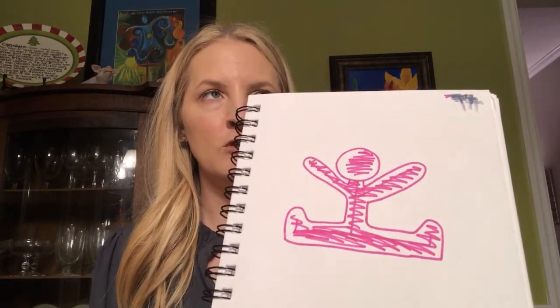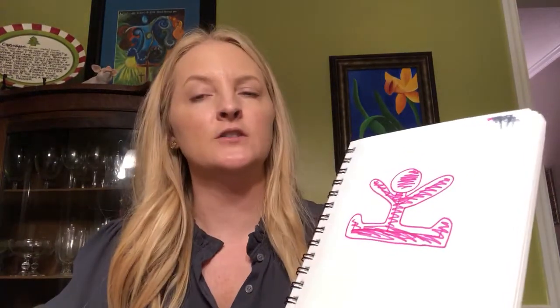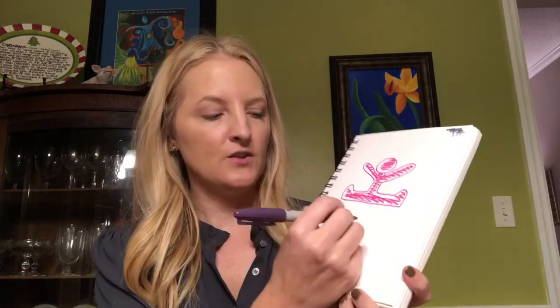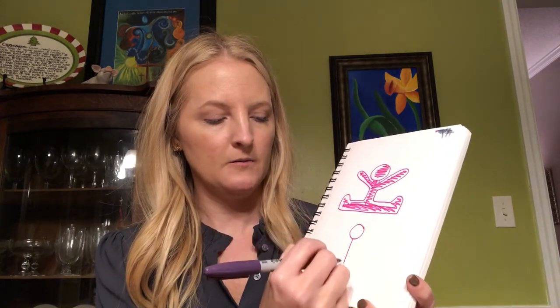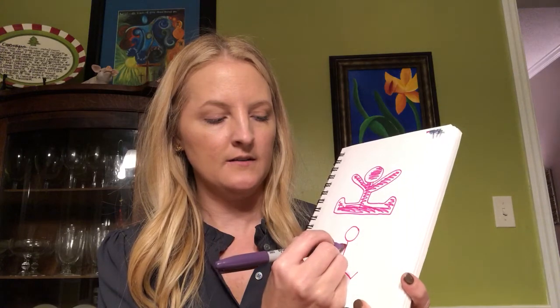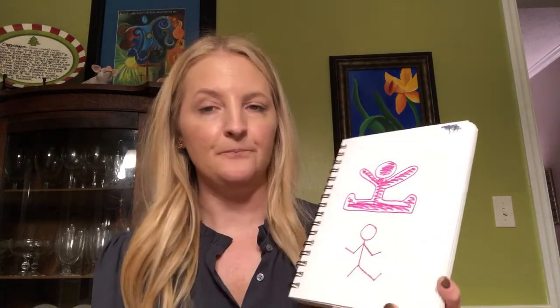So you can get creative with what you want your person to do. Your person could be running, dancing, jumping rope. Think about things that you like if you're a soccer player. How would you kick the ball so that it would look like a soccer player? I'm not a soccer player, but let's just say that I'm kicking the ball like that, and one arm is here and one arm is here.